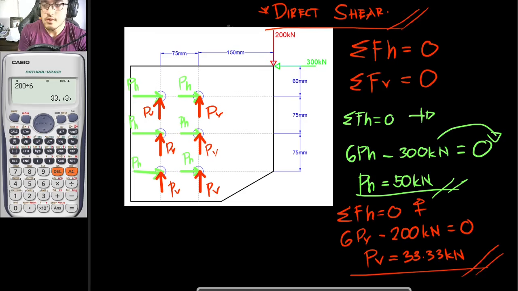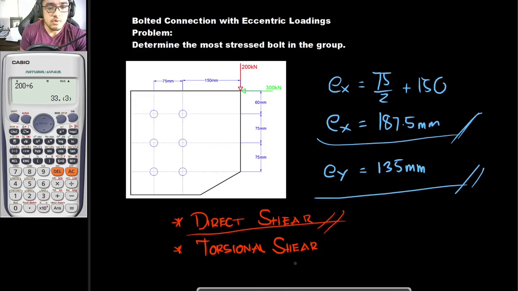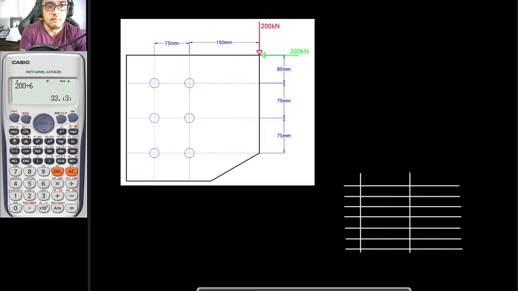So let's go straight to this one right here. Since what I have said earlier that we are to consider two types of stresses here, we already have done direct shear, and this time let's do torsional shear. So for the torsion, because of the presence of eccentricity, which is once again this one right here, we would be having moments.